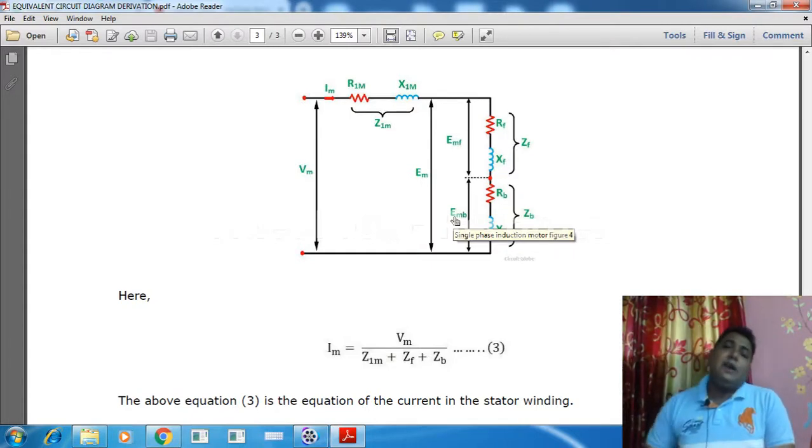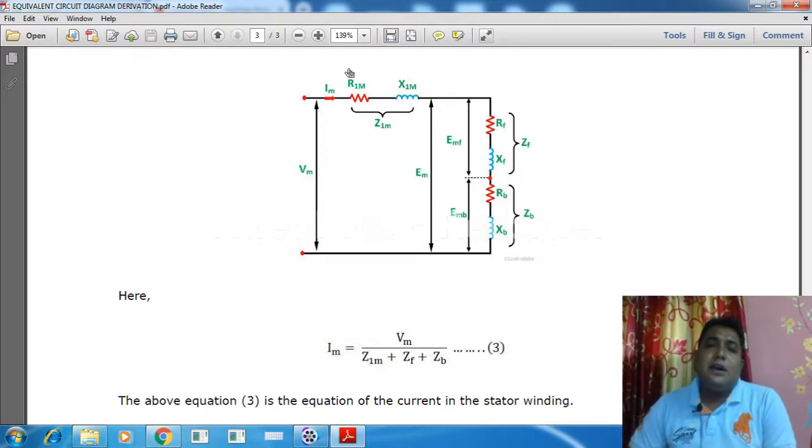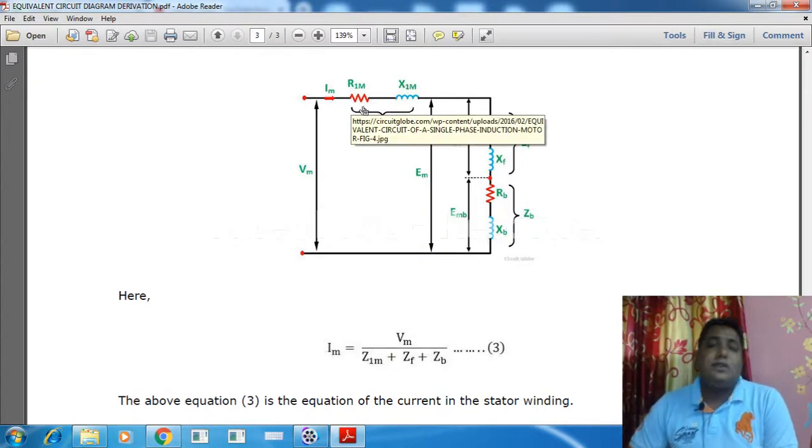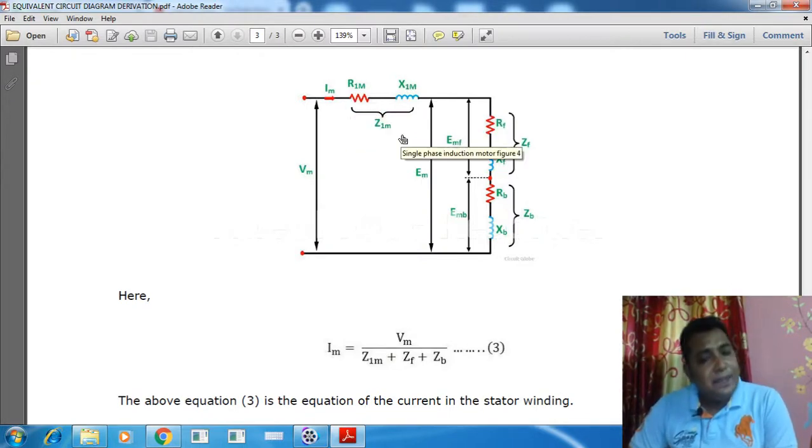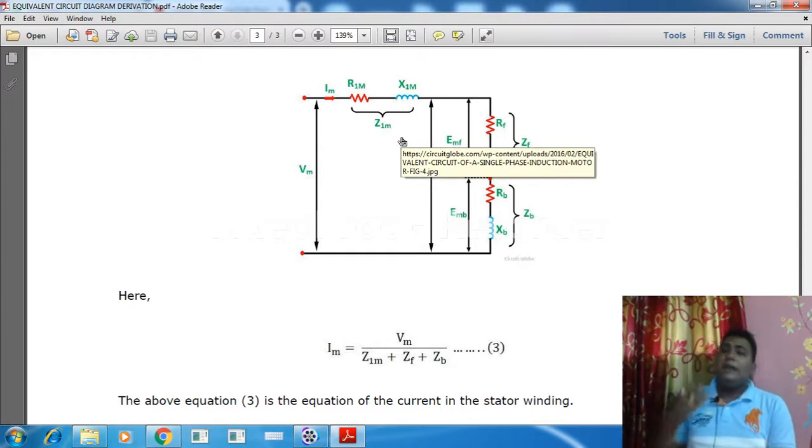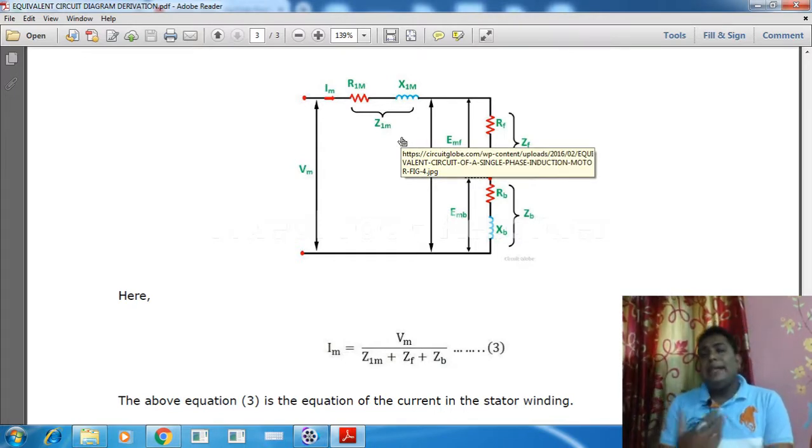What is Z1M? Here there is a stator resistance and the leakage reactance of the stator side, R1M and X1M. Combining that Z1M plus the forward path impedance plus the backward path impedance, we get the total impedance of the circuit.